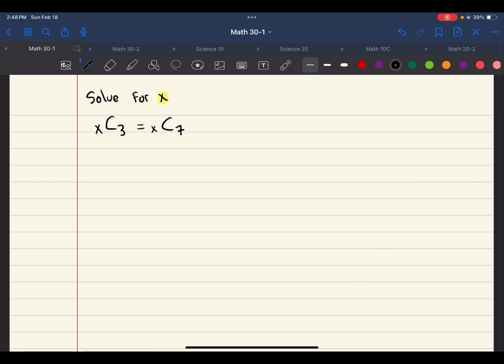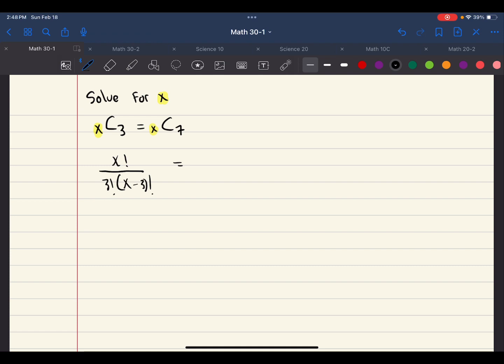So let's say in this question I want to also solve for x. In the first equation, or on the left side, x is an n value and r is the 3. And in this case, same thing, x is the n value and 7 is the r value. So when we expand this, it's going to look like this: x factorial over 3 factorial multiplied by x minus 3 factorial.